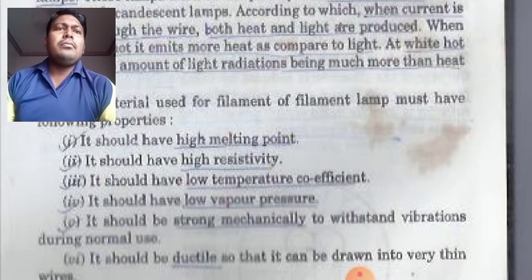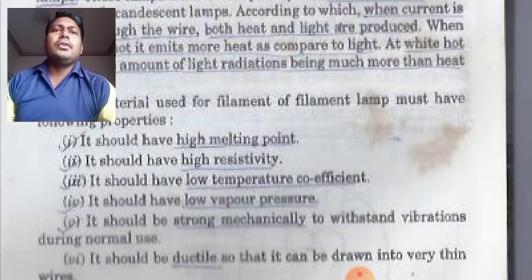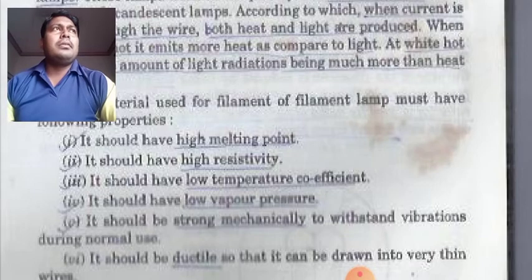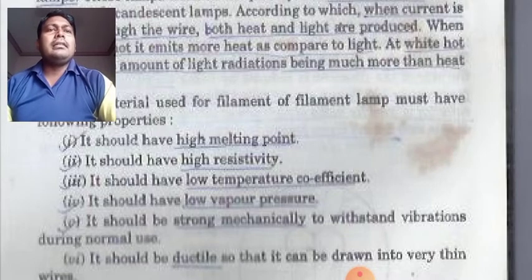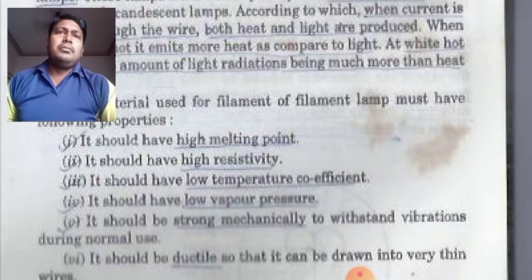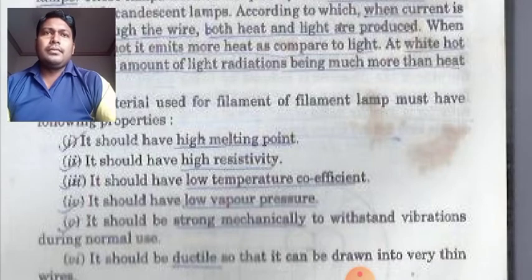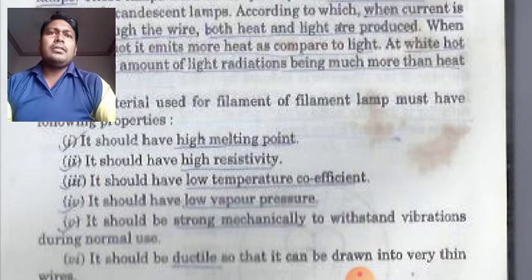It should have strong mechanical strength to withstand vibration during normal use. Why should it be able to withstand mechanical vibration? Because this is a lamp which will be installed in a horizontal position, and there will be a number of occasions during which there will be some disturbance in the lamp.